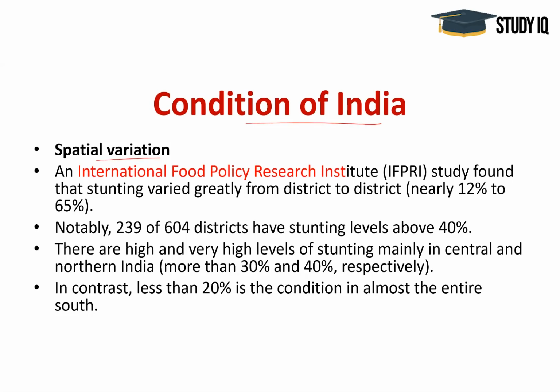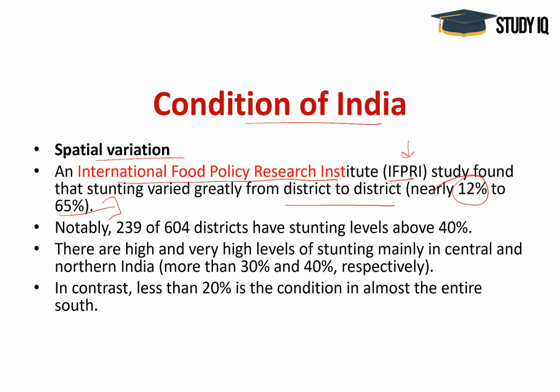If we talk about the spatial variation, IFPRI, which I even mentioned in the objective, the International Food Policy Research Institute, has found that stunting varies greatly from district to district. Here we are talking about India, where it differs from district to district. Some districts have 12% stunting, and some other districts have 65%.